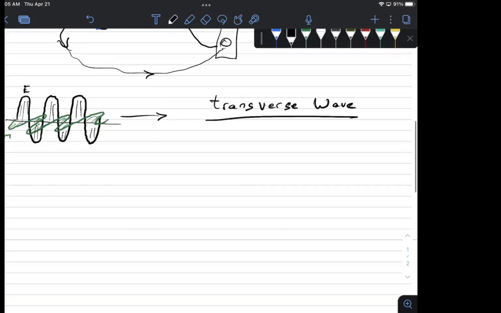The other type is what's called a longitudinal wave. This is sound. Sound waves are longitudinal waves. And what that means is the waviness is in the same direction as the motion.